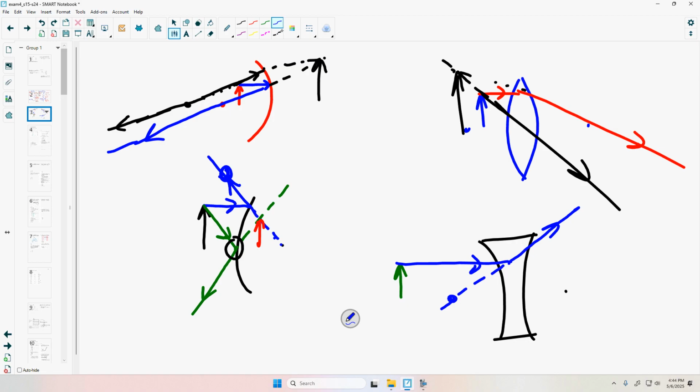And then I could do another ray, like one that just goes through the center of the lens, like that, and then that would mean that the image would be right there, where those two rays cross, the virtual ray and the virtual ray that is this ray. You can't see it, but if I trace this ray back, the virtual ray crosses right there.